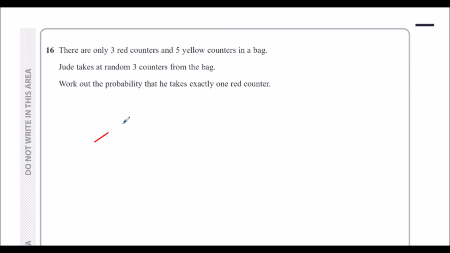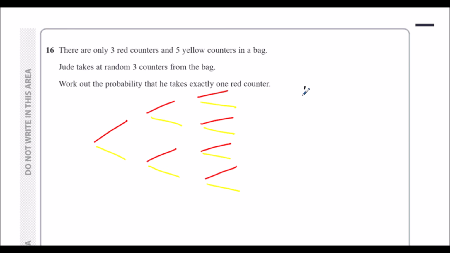We could have red or yellow for the first pick, red or yellow for the second pick, and red or yellow for the third pick. So we could draw out a probability tree with 3 picks, or we could go straight to listing the combinations that will give us 1 red counter.